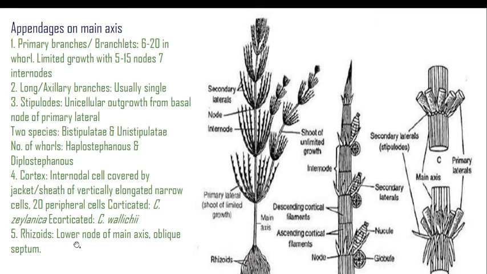Then they possess rhizoids. This is the rhizoidal portion at the lower node of the main axis, having an oblique septum, and that is why they become like rhizoids, and they anchor or hold the substratum.